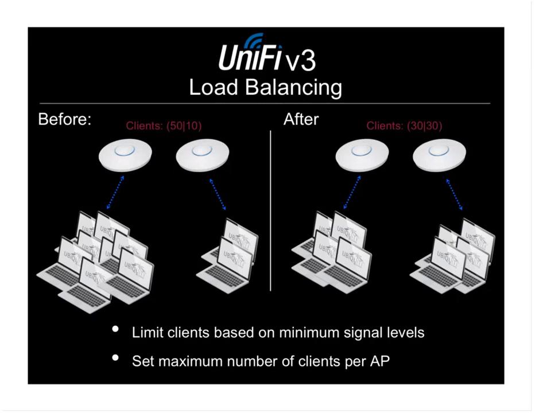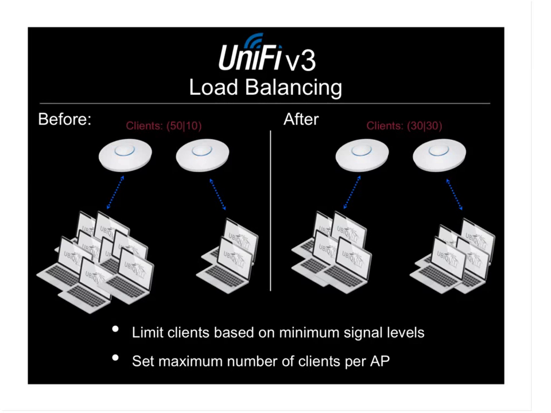In UniFi version 3, we also added improved load balancing. One of the problems with these dense wireless deployments is sometimes you may have an access point and too many users connect to it when there are other access points nearby with available time slots, I guess.